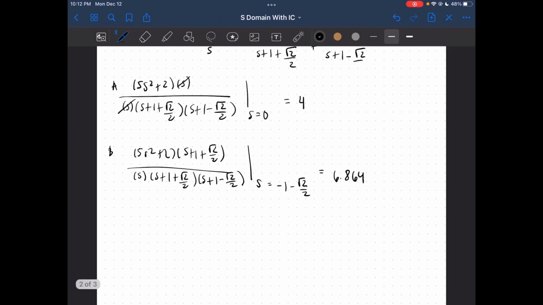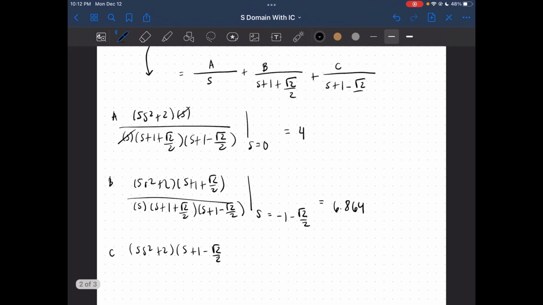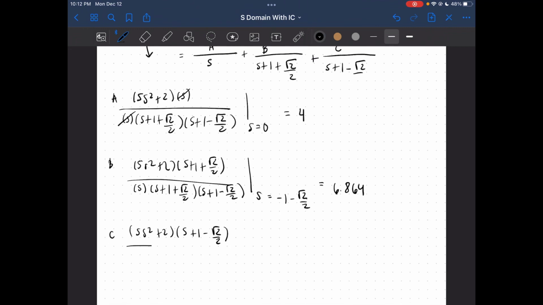6.864. Once we solve for C, we're going to do 5s squared plus 2 times (s plus 1 minus square root 2 over 2), and then we're going to do this over s times (s plus 1 plus square root 2 over 2) times (s plus 1 minus square root 2 over 2).